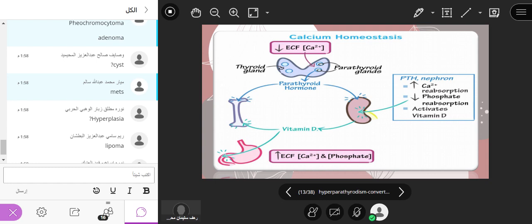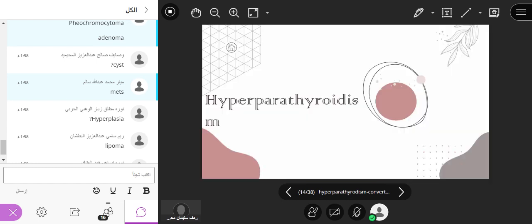When the vitamin D is activated, it goes to the intestine and stimulates the absorption of calcium. Parathyroid hormone also goes to the bone and causes bone resorption, which leads to increasing the calcium level.